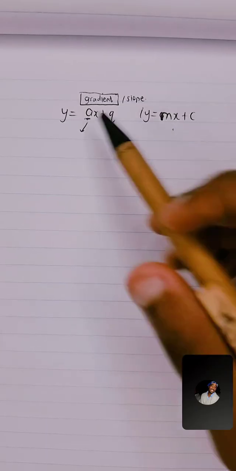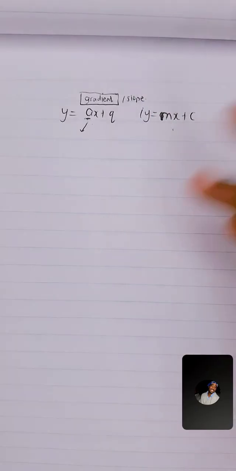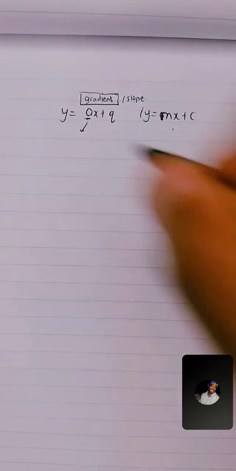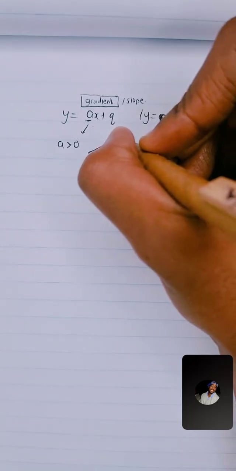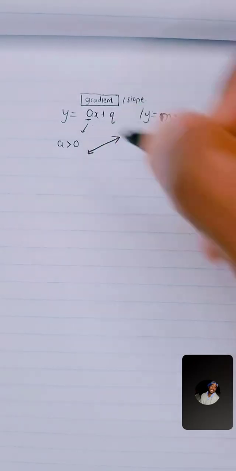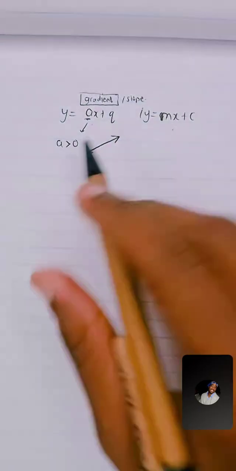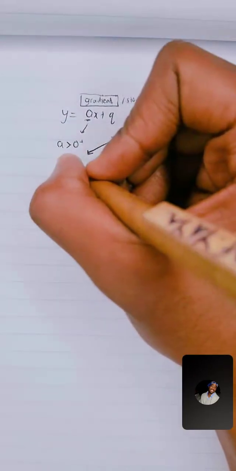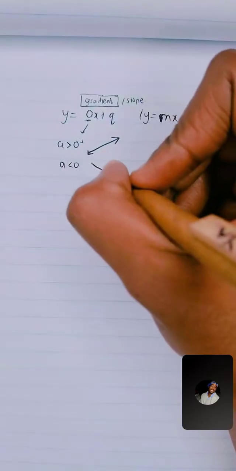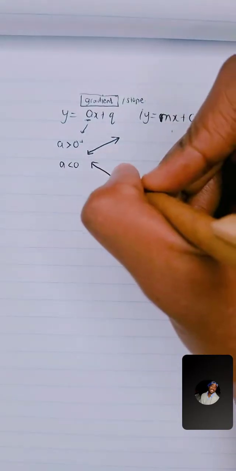So that's what gradient does. It just measures how steep your line is. If a is greater than 0, this is how your straight line should be, because it's positive, right? Increasing line. If a is less than 0, then your function should be decreasing.